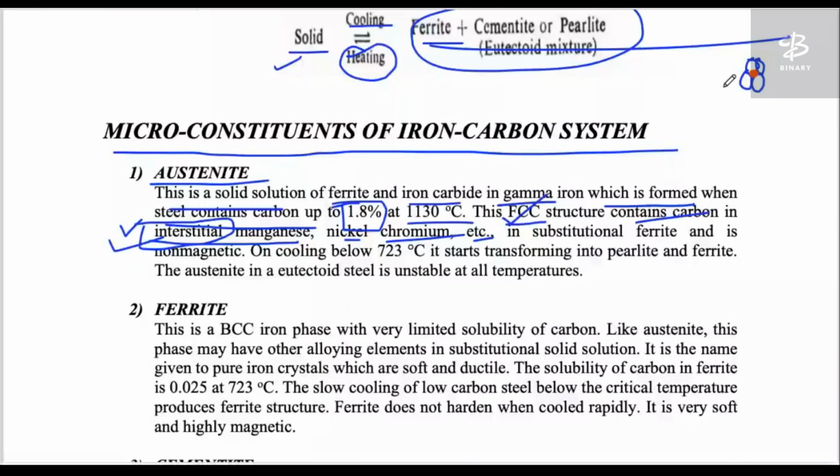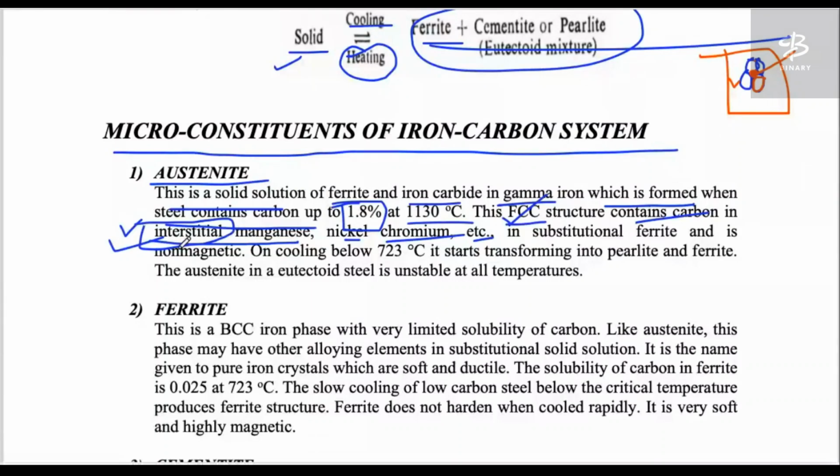Whatever the parent element is, that element has an atomic size, and the foreign element which sits here must be of a smaller size as compared to the parent element, because the space being filled is itself smaller than the parent element atoms, right? So overall, the element which is going to be filled inside must be of a smaller size.